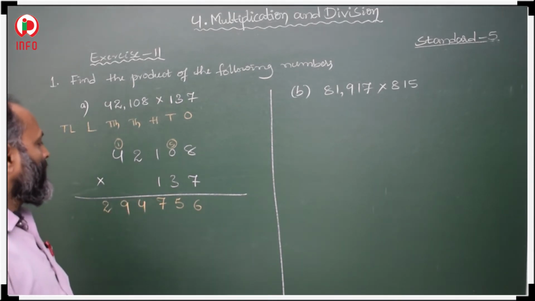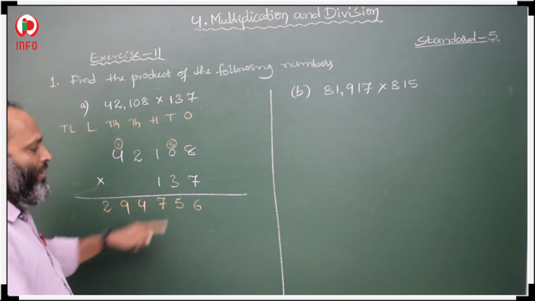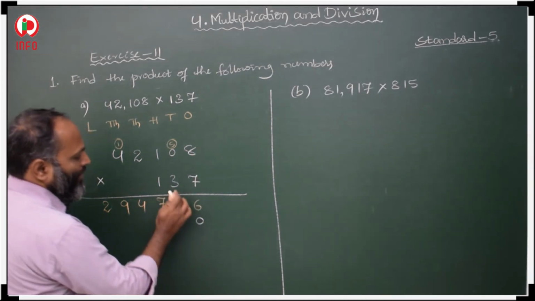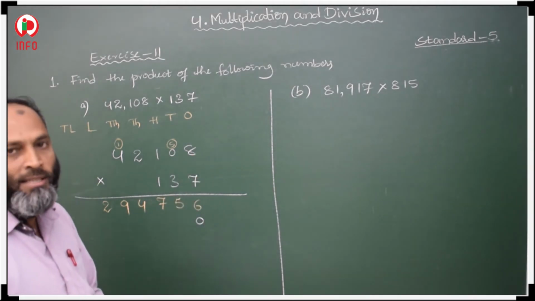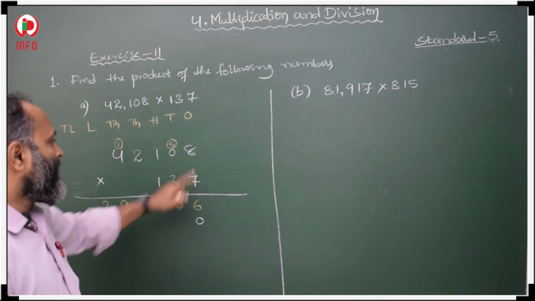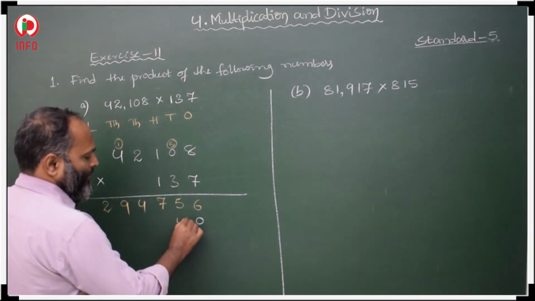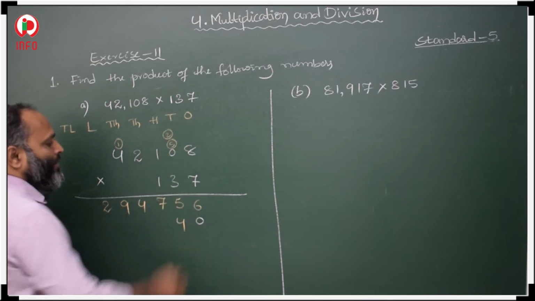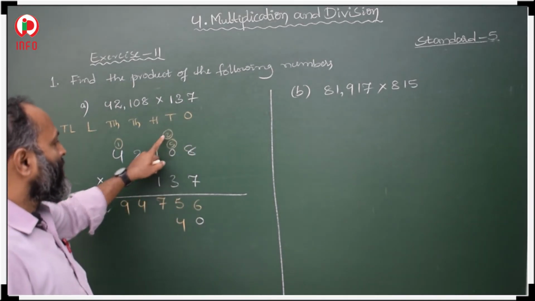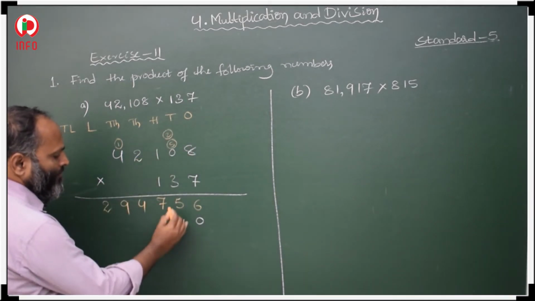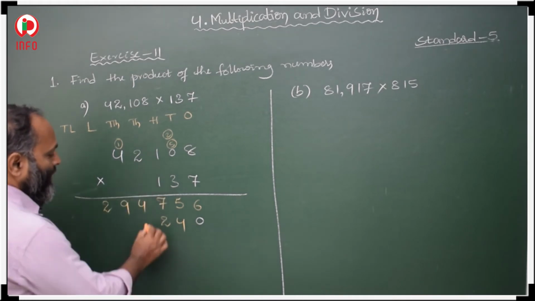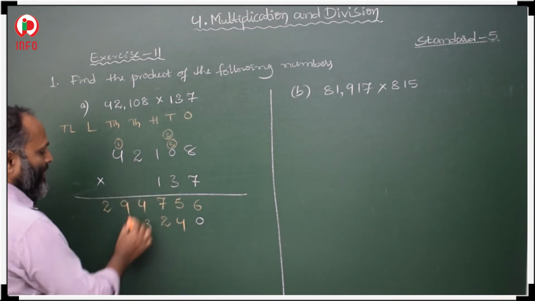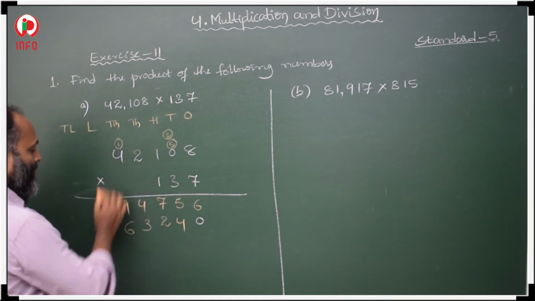Now we start our multiplication from 3. 3 means in the ones place we have to keep 0. Why? Because 3 is in the tens place. Then 3 8s are 24, 2 in tens. 3 zeros are 0, 0 plus 2, 2. 3 ones are 3, 3 twos are 6, 3 fours are 12.